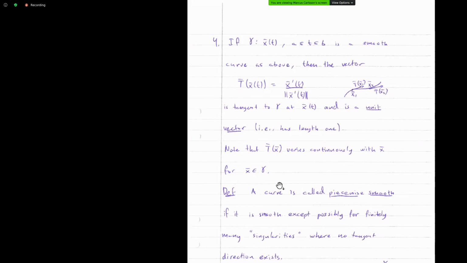Here's another definition. Piecewise smooth. Well, so why do we speak about curves? Of course, it's interesting in itself to be able to describe trajectories of airplanes and missiles and what you want to use your mathematics for. But also they appear as boundaries of other objects.